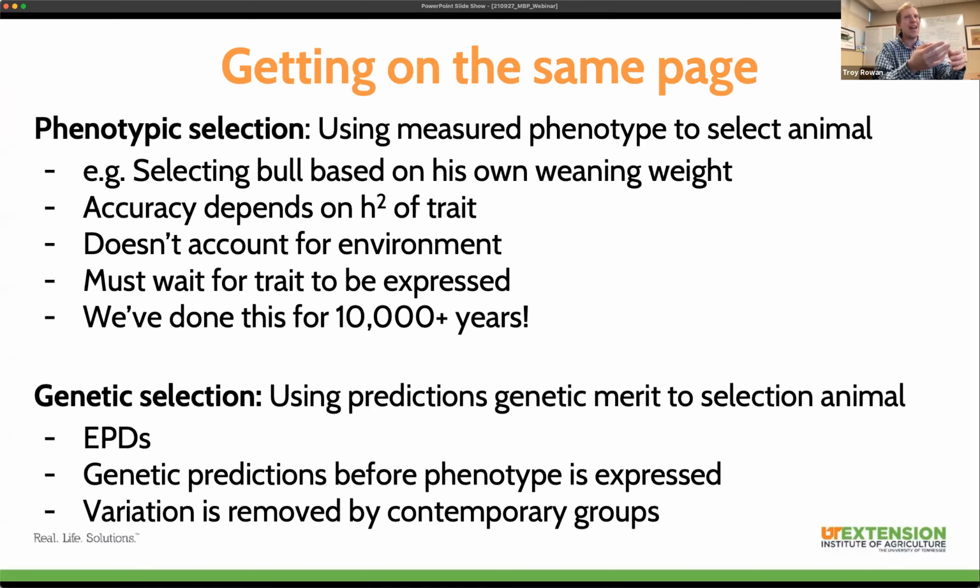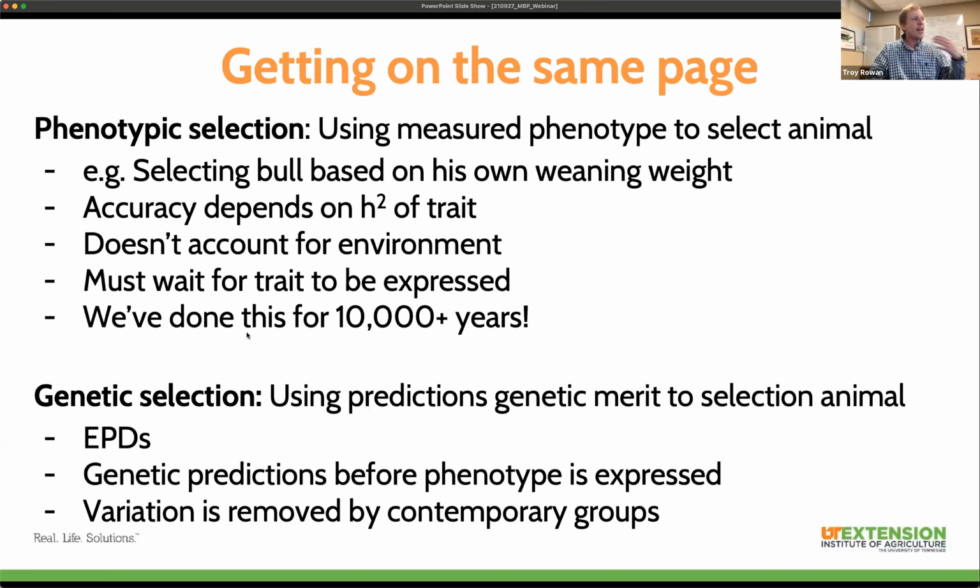We wait for those cows to calve. Half of those are going to be females. We wait for those females to grow up to get bred, right? And then we have to wait for them to get bred multiple times before we can actually measure that longevity. So if we're doing phenotypic selection, we care about that bull's daughters' longevity. That's so far down the line that it's nearly impossible to do phenotypic selection on those long-term cow traits in particular.